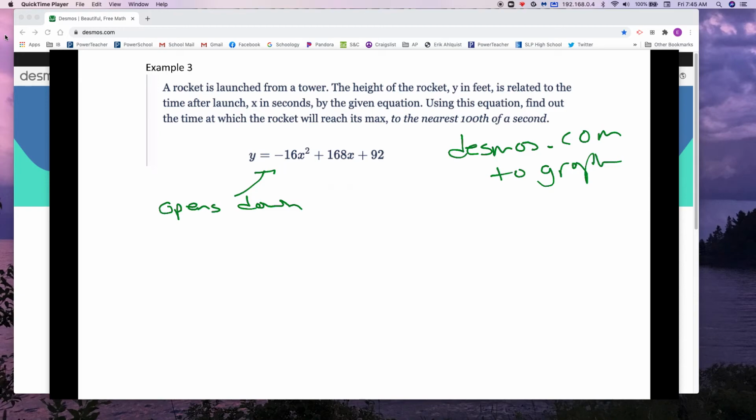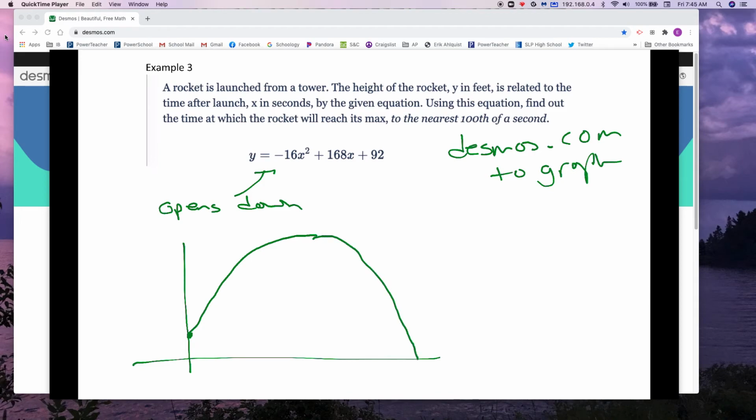So the rocket goes up, and it's launched from a tower, so it's probably going to start up right here. It's going to get launched up from the tower, get to a top height, and then fall back down. So this is the max the rocket reaches.